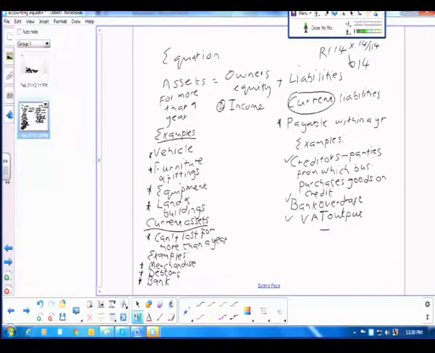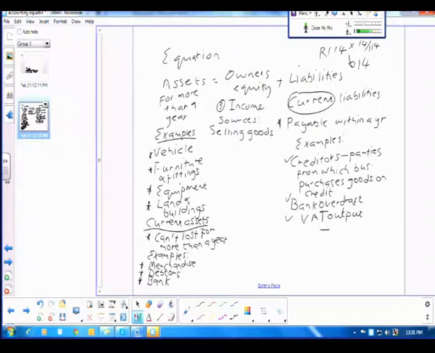All right, so there are many sources of income. We can get our income from selling goods, isn't it?